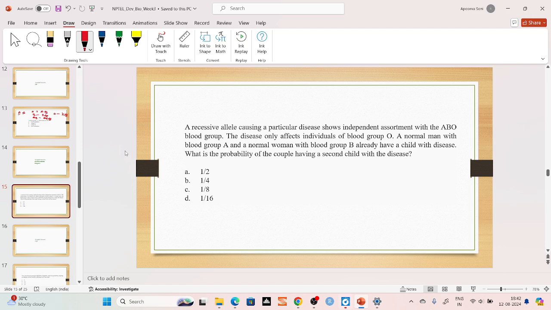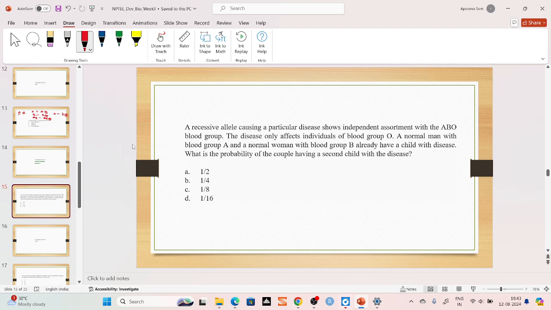In this question, there are two independent things. First is inheritance of the ABO blood group that we have to keep in mind. Second is the inheritance of the disease pattern.